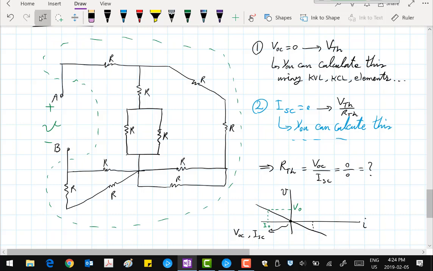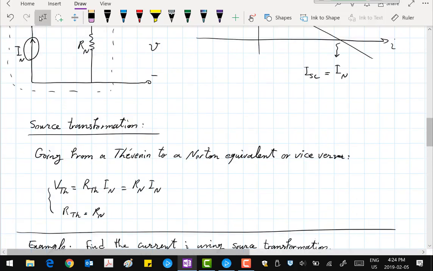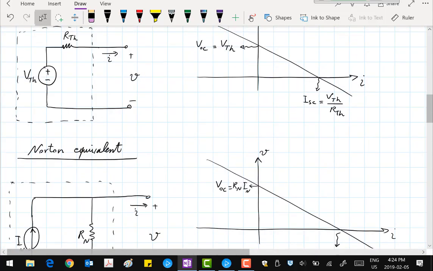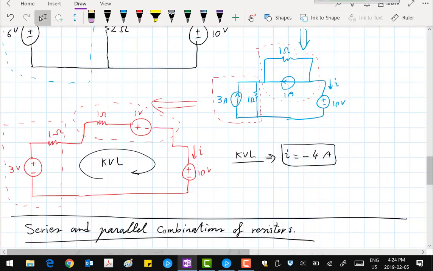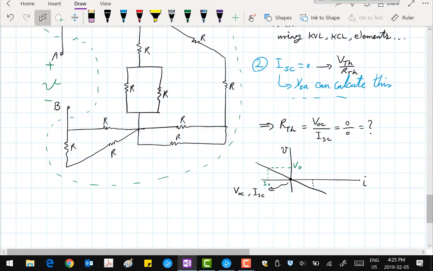Now, what does that say about the way I have defined my Thévenin box and which way the current should be? Yeah, so if you look at our Thévenin circuit up here, I is going from the positive toward the negative side of the V. So same here. So I do indeed have a well-defined direction for the current. Okay.